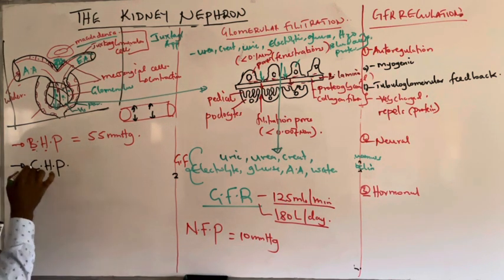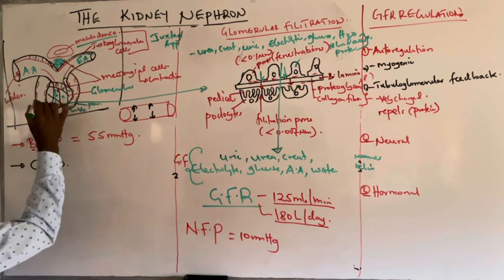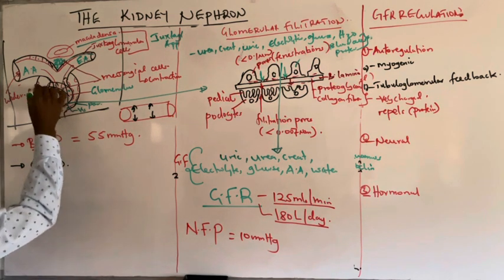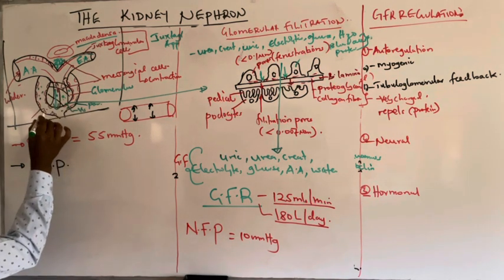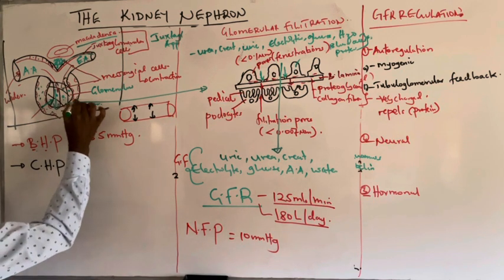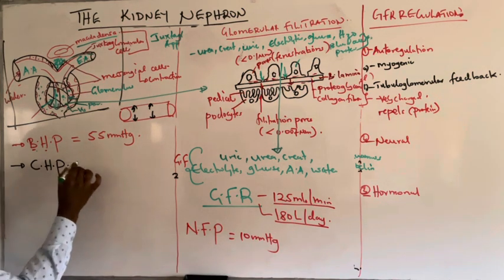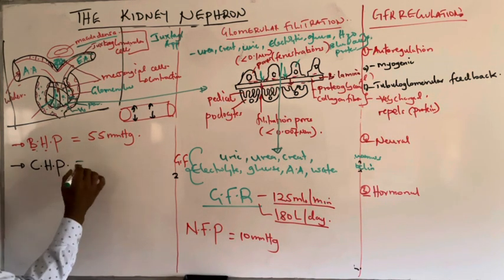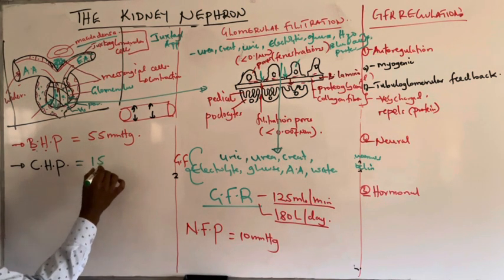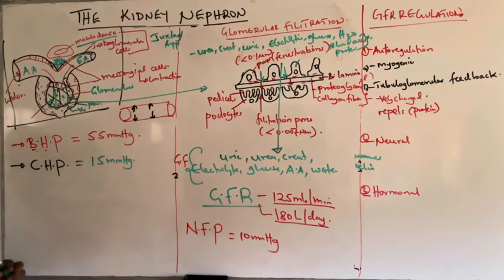Then the corpuscular hydrostatic pressure is opposite. In the capsular space, we have the pressure which is created by the fluid, and it is an opposing force. It is opposing filtration. And this force, because it is opposing, it is 15 millimeters of mercury. That is the corpuscular hydrostatic pressure.